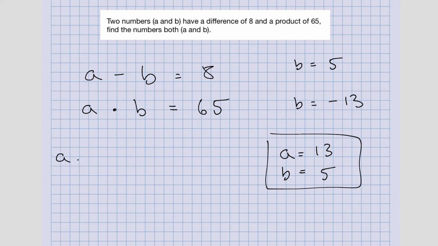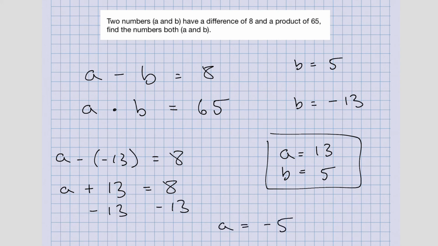We have a minus negative 13 equals 8. That's the same as saying a plus 13 equals 8. Subtracting 13 from both sides, we get a equals negative 5. So our other solution is a equals negative 5 and b equals negative 13.